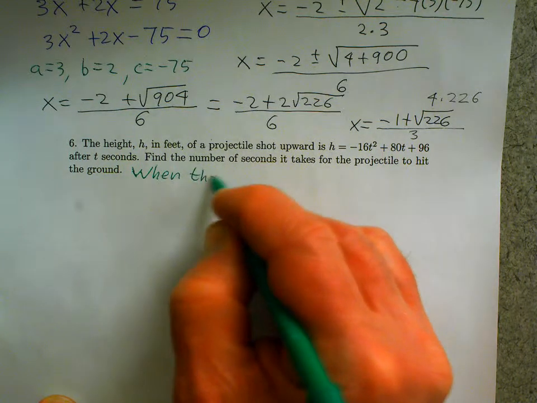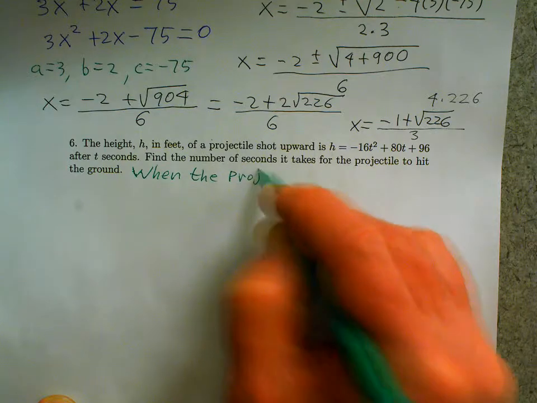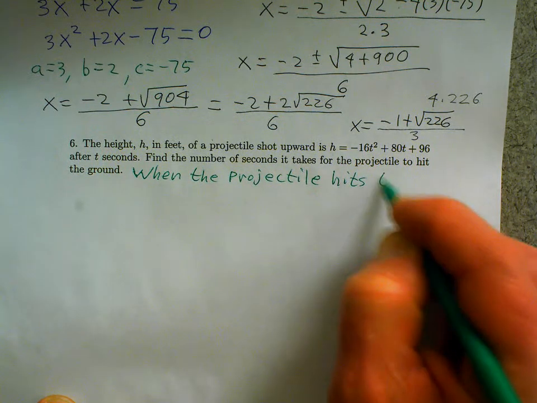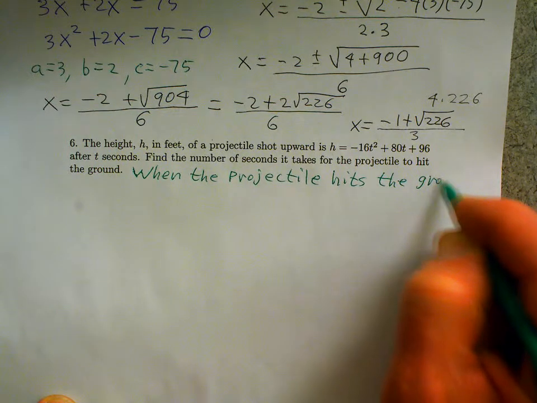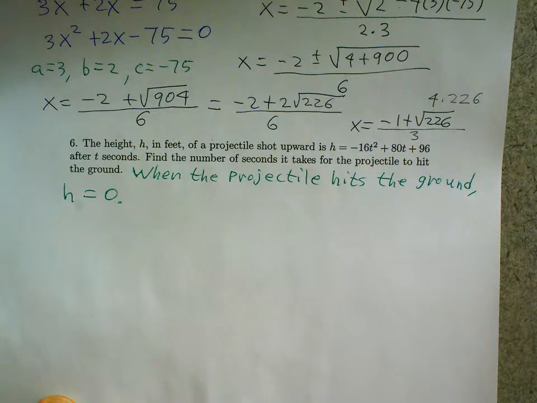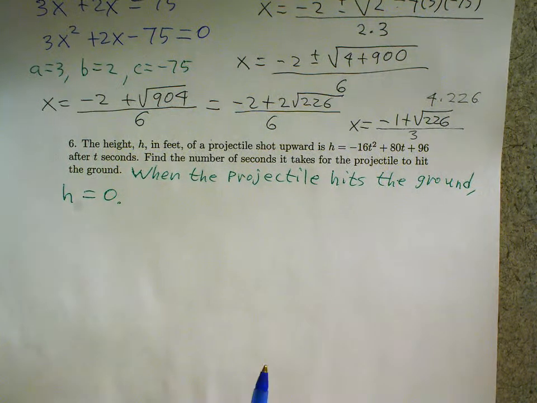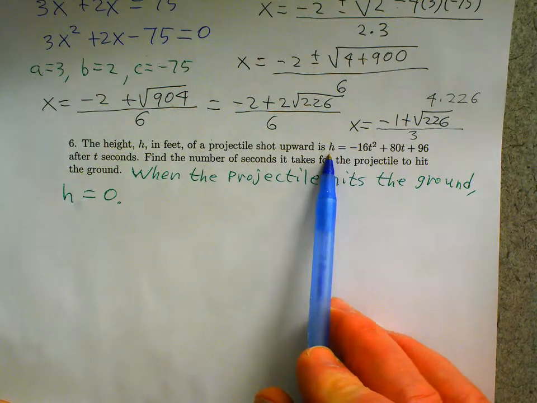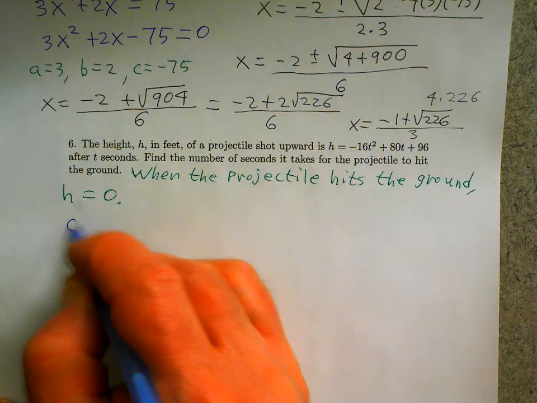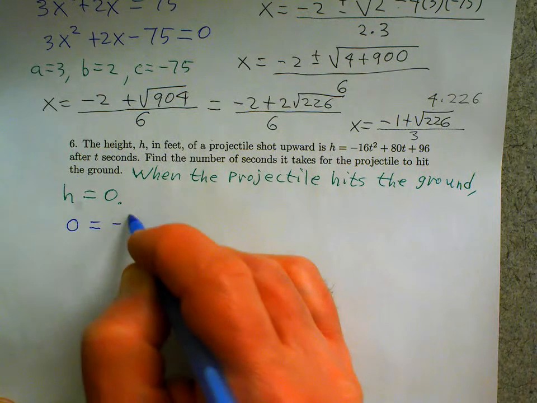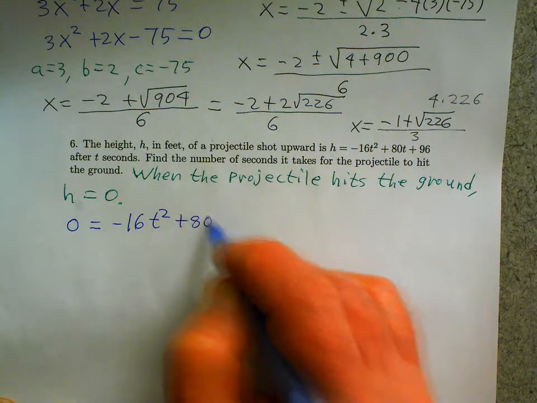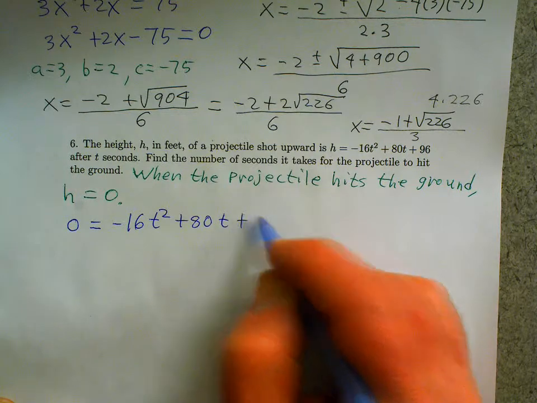When the projectile hits the ground, the value of h is 0. So replace h with 0 in the equation and then solve for t. And so we'll get 0 equals negative 16t to the second plus 80t plus 96.